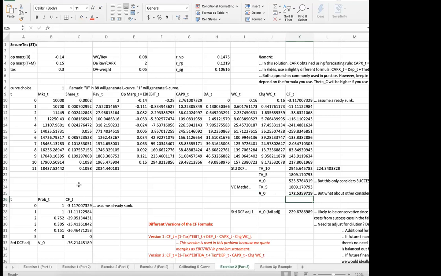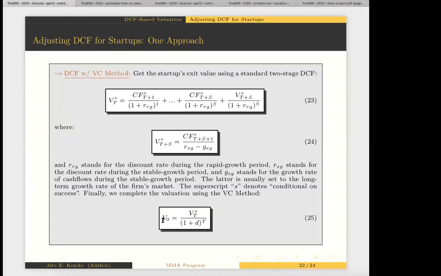So just keep in mind, just to go back to my slides here. This final step value is the same thing as step 4 from my exit comparables slide. This is a value not including the cash that the startup has.